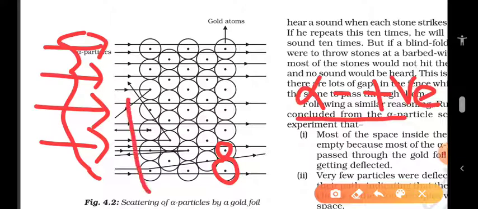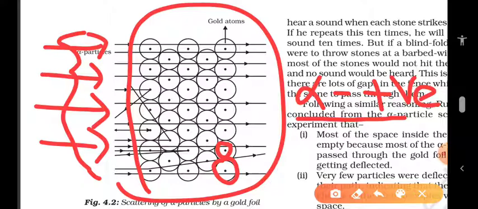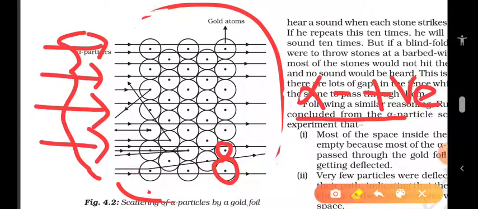Here plenty of gold atoms are there. All are gold atoms. Now, when these positive charges come, what will happen?